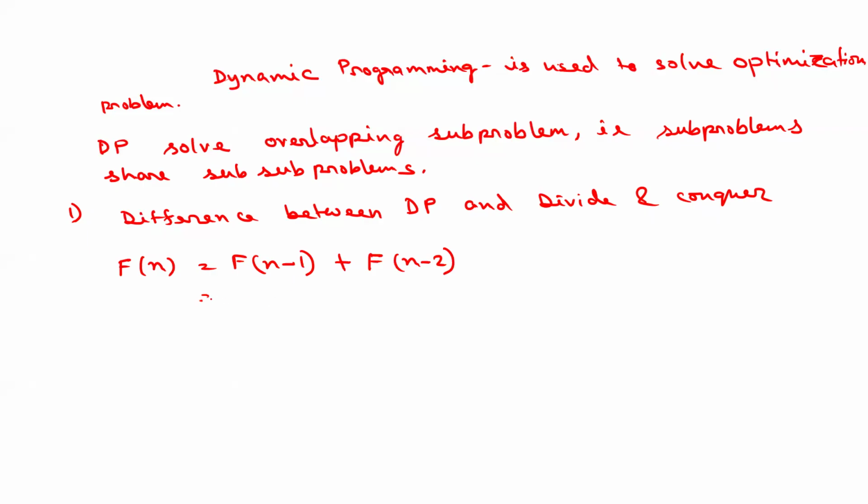Again Fn minus 1 will be divided into Fn minus 2 plus Fn minus 3. So here again we find the same subproblem Fn minus 2. So this is an example of overlapping subproblems. That means the same subproblem is coming repeatedly.